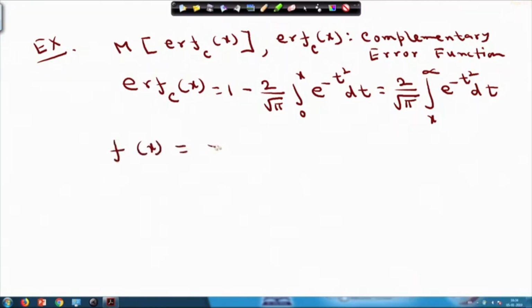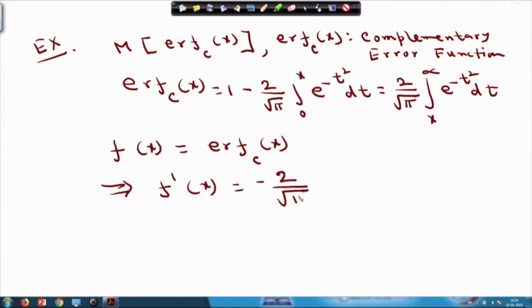f of x equals, again I am considering ERFC of x, just as we have done for the earlier example. So from here you can write f dash x is nothing but minus 2 by root pi into e power minus x square. I am using this.